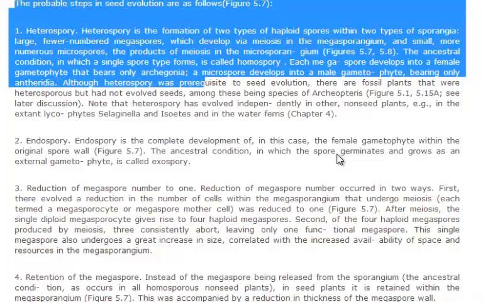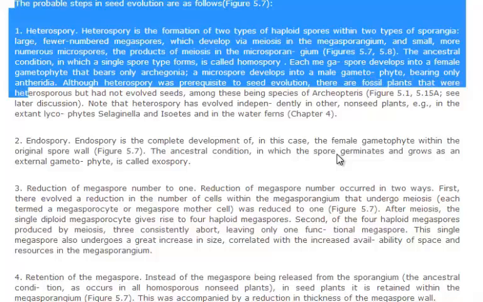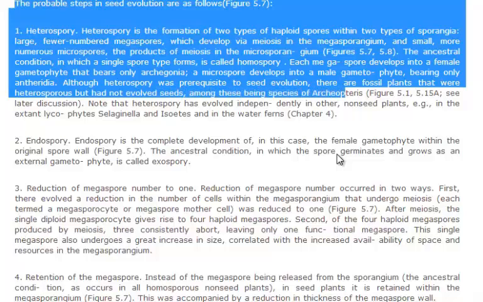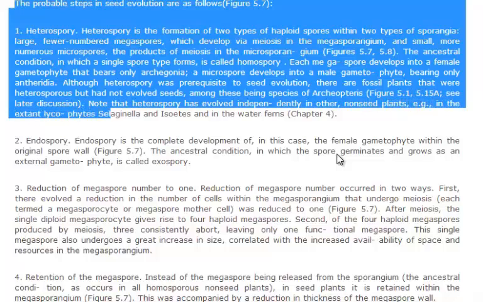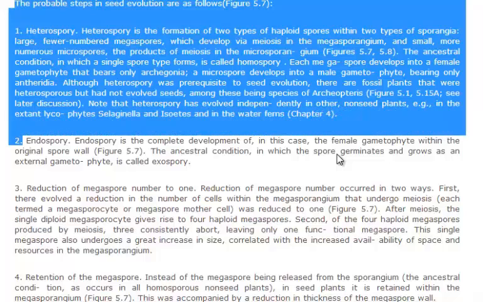Although heterospory was a prerequisite to seed evolution, there are fossil plants that were heterosporous but had not evolved seeds, among these being species of Archaeopteris. Note that heterospory has evolved independently in other plants, for example in the extant lycophytes Selaginella and Isoetes, and in water ferns.